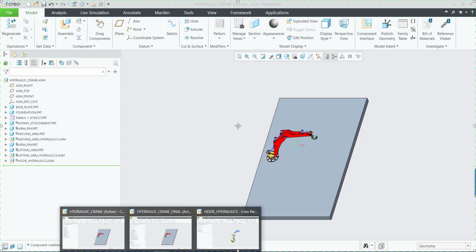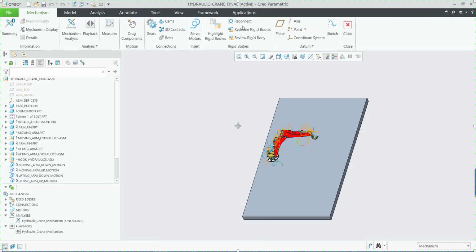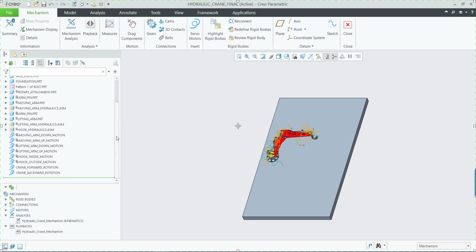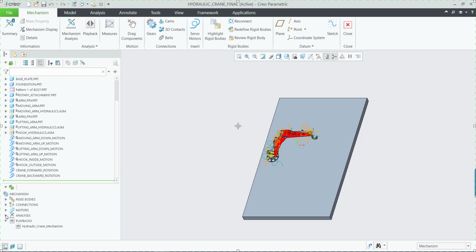So now let us look at this complete assembly, this hydraulic crane final. I am in the mechanism application, and here you can look at the bodies basically. So in the mechanism bodies, you can look at the ground, and for the body contents of the ground body, I am having only the base plate, foundation and bolts.